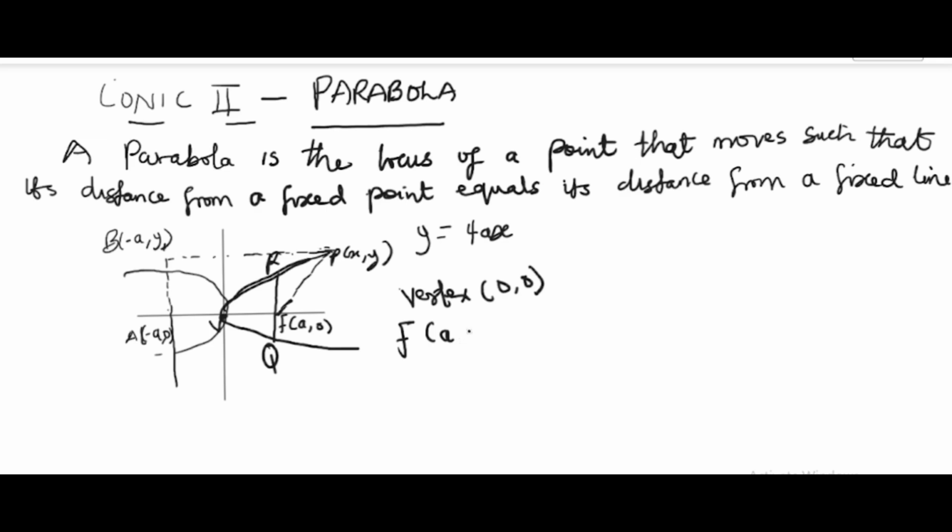This is called the focus. What is a focus? This focus is a fixed point inside the parabola. So in a parabola, we have a point, a fixed point, and a fixed line. These two things, the focus, the fixed point, and the fixed line, define a parabola.